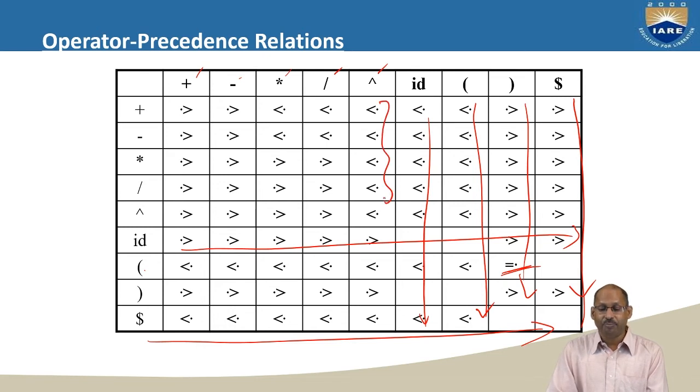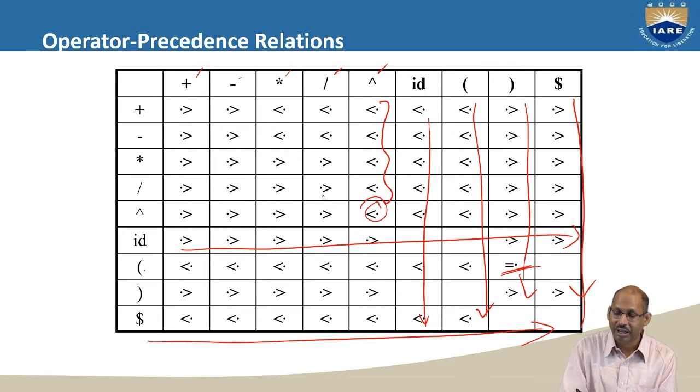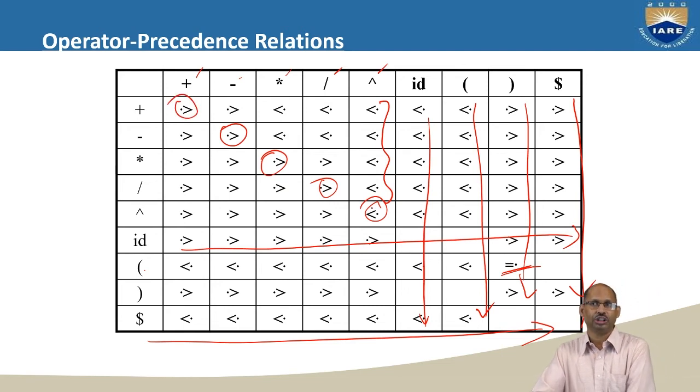When it is power and power, it is right associativity. Here for these operators, left associativity. But here this is right associativity. Then division. Here we are just inserting the relationships between all these operators.